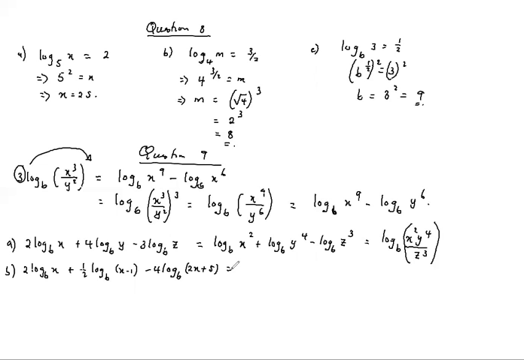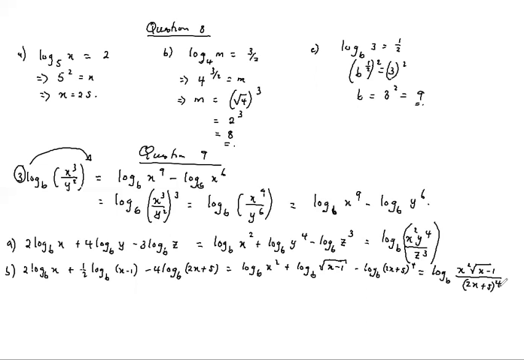This is equal to log_b x^2 plus log_b of the square root of x minus 1, it's the same as power half, minus log_b (2x plus 5)^4. Then you write this as a single log. So you say log_b, the sum, you get the product x^2 multiplied by the square root of x minus 1. The difference, you divide by (2x plus 5) to the power 4.